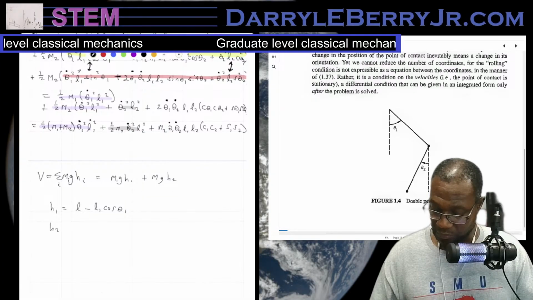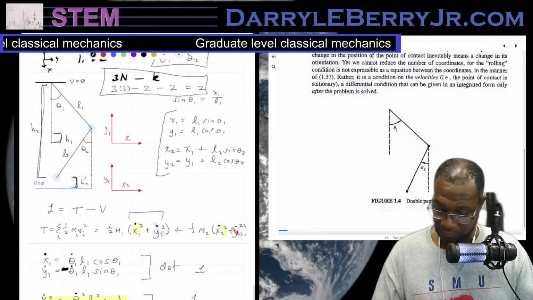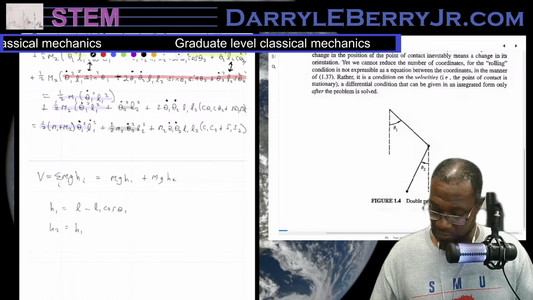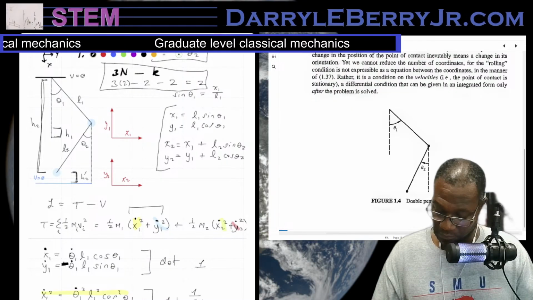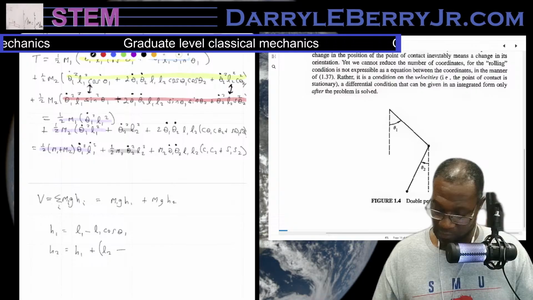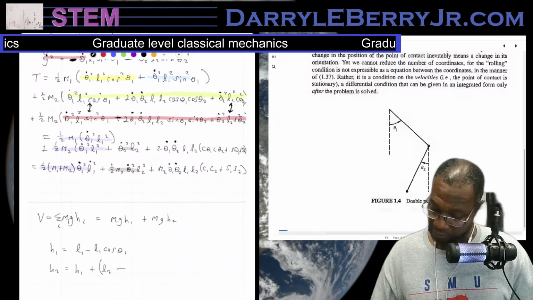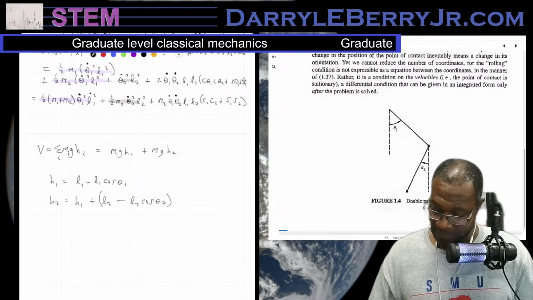And H2 is going to be all of that. So it's going to be H1 plus L2, it should be L1, L2 minus L1 cosine theta 2. Excuse me, L2 cosine theta 2. Right?